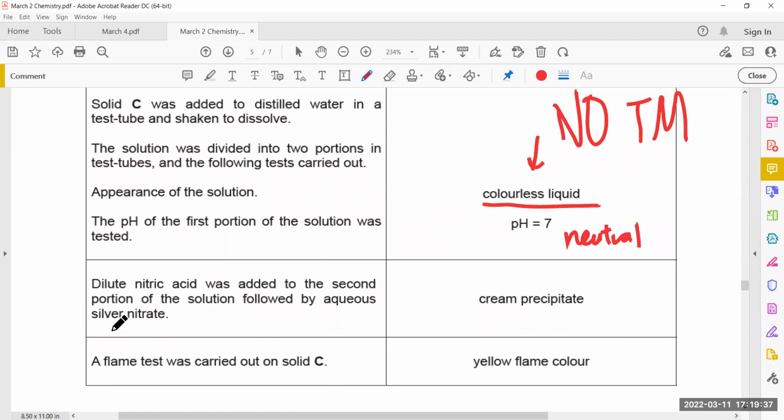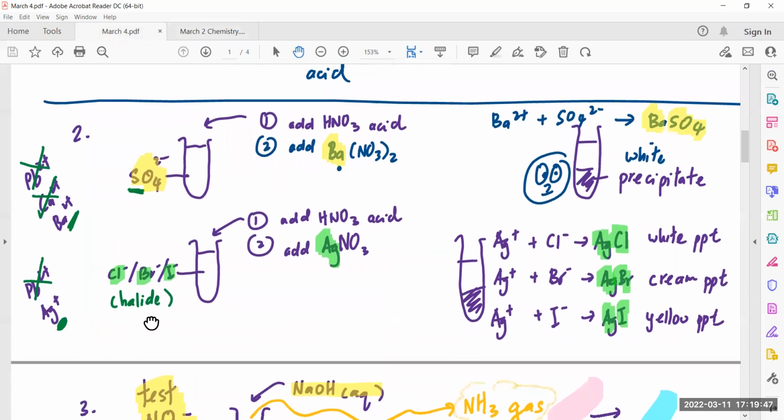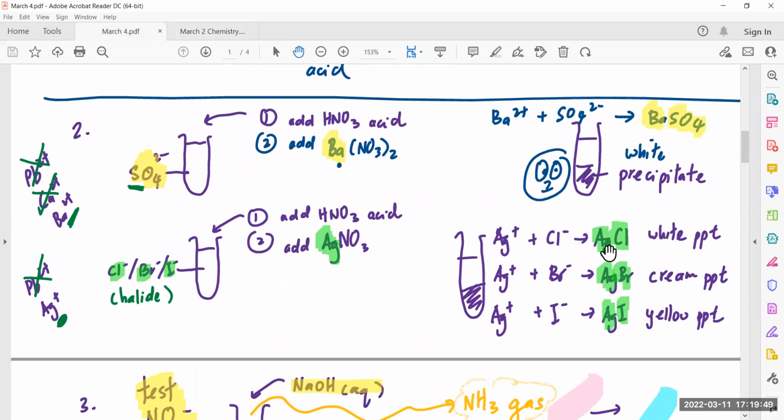Dilute nitric acid and then silver nitrate. Silver is to test for what? Silver is to test for halide. If it's white, it's chloride. If it's cream, it's bromide. If it's yellow, it's iodide. So what is this one?